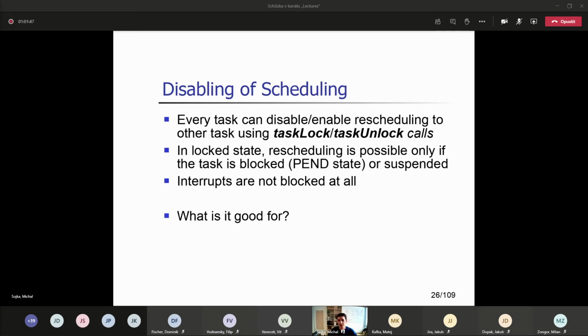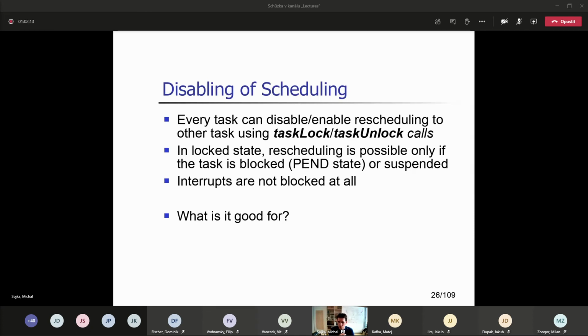Interrupts are still running, but typically what interrupts do, whenever there is an interrupt from the network, keyboard, whatever, is just make some task ready. And the role of switching to that ready task is then done by the scheduler. But if the scheduler is disabled, then nobody would switch the task.